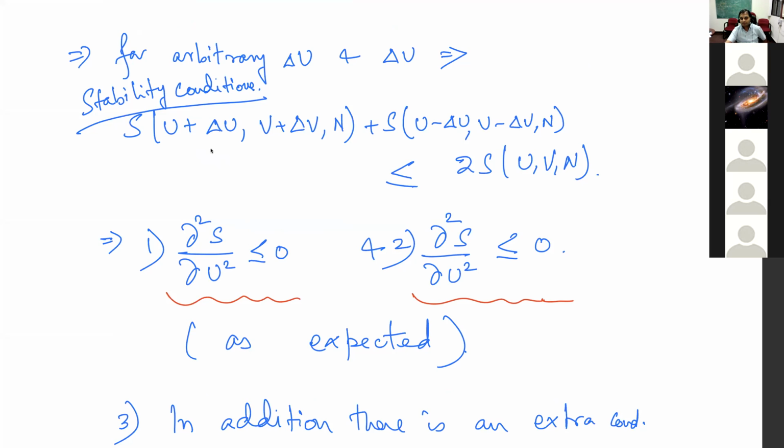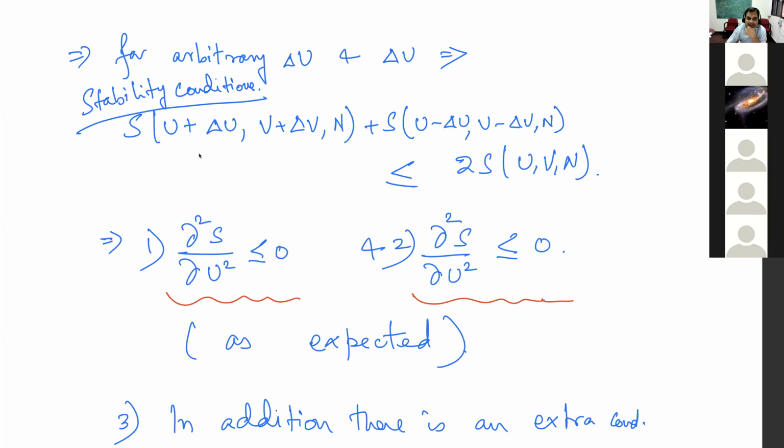So this condition, d2S by dU2 less than or equal to 0, denotes that at whichever point I calculate it, the tangent is locally above the curve. But locally above doesn't mean that it is above the curve at all points. It may go a little ahead, hit the curve, and enter below the curve at some other point. So that's why this derivative condition is for local equilibrium.